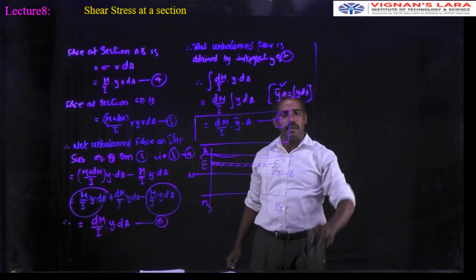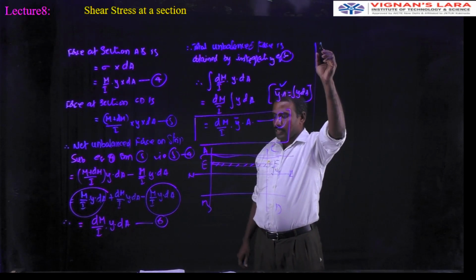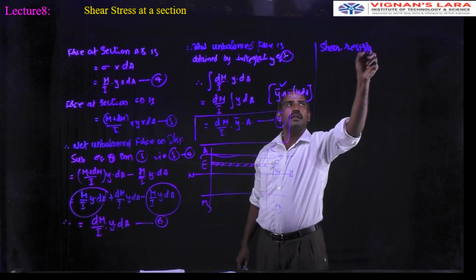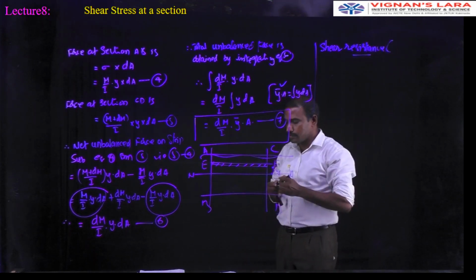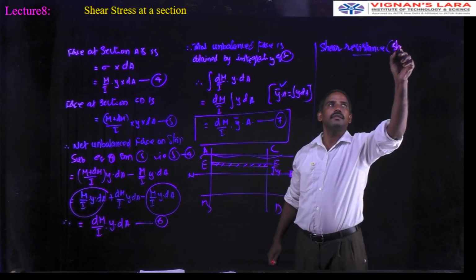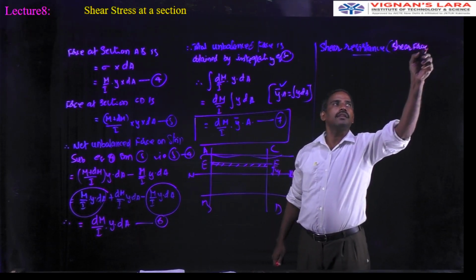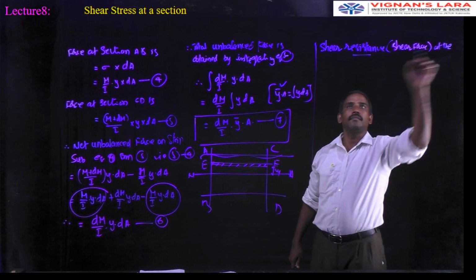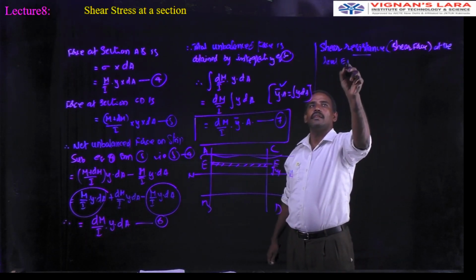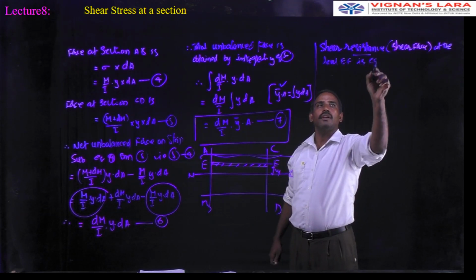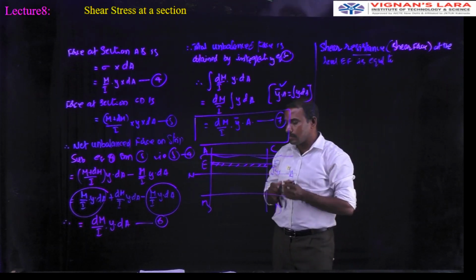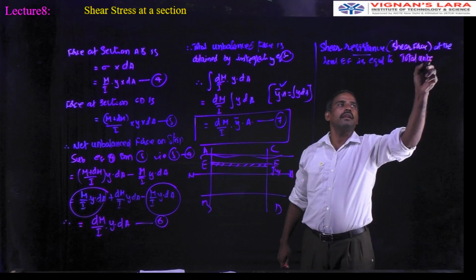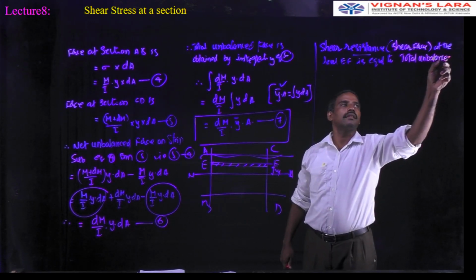This is the key point. So therefore, the shear resistance or shear force at the level EF is equal to the total unbalanced force.